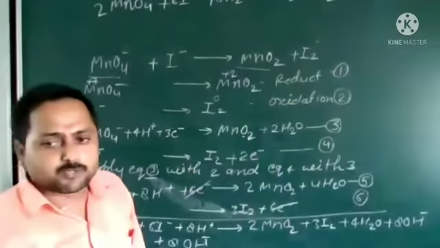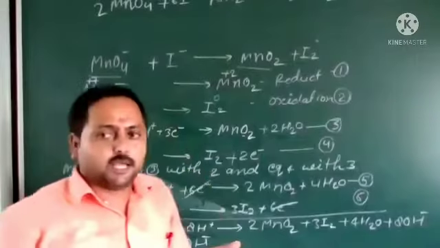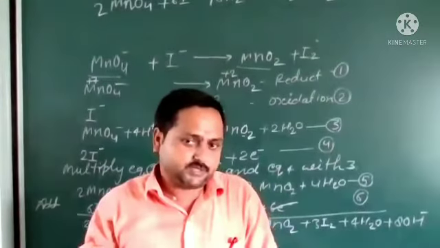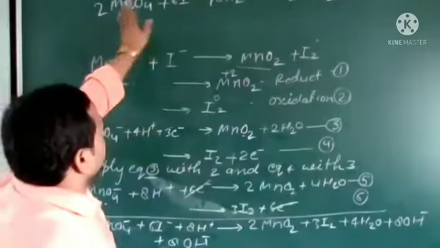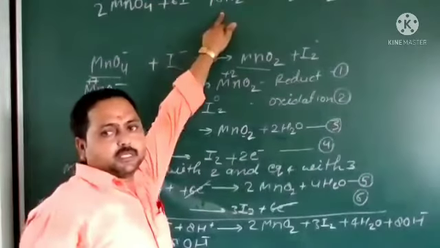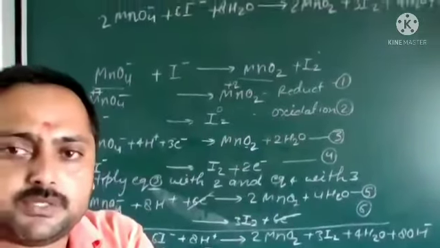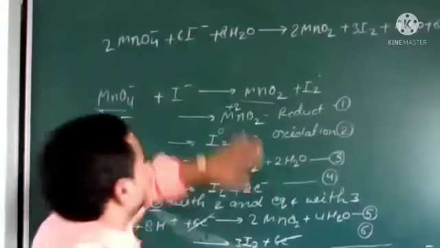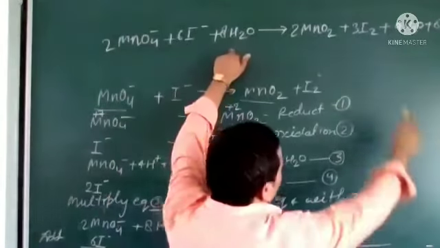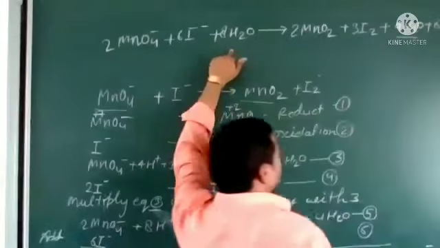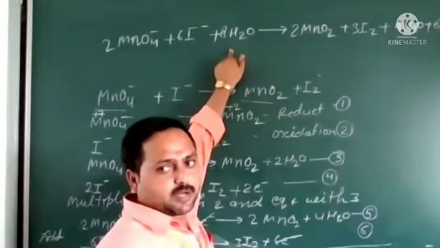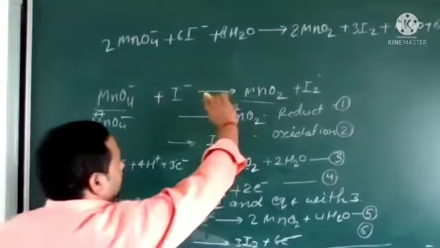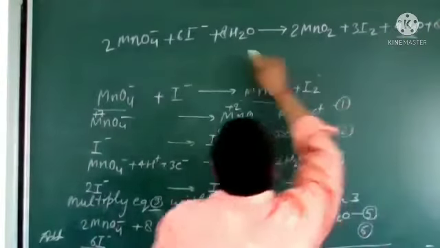Some students are thinking both sides H2O is there, sir has not subtracted, not balanced. This side there is 8H2O and that side 4H2O. So we can subtract from that.